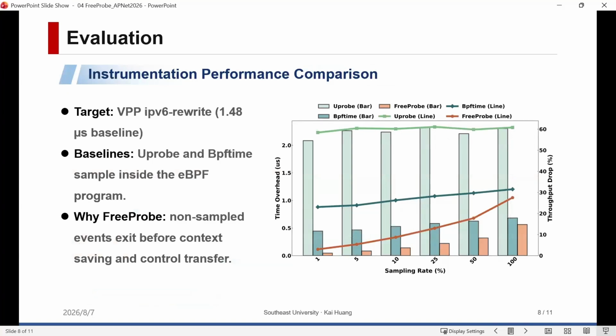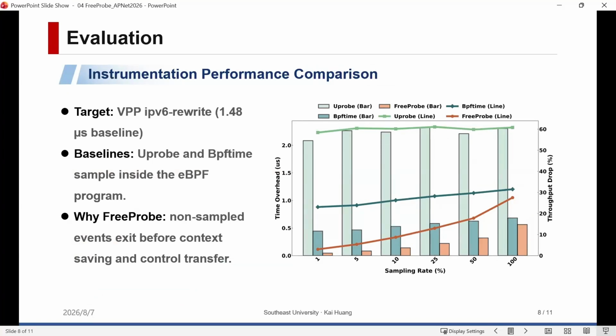We evaluate FreeProbe on VPP. Here, the target is IPv6 rewrite, whose baseline execution time is about 1.448 microseconds. The bars show interception times and the lines show throughput drop as the sampling rate increases.